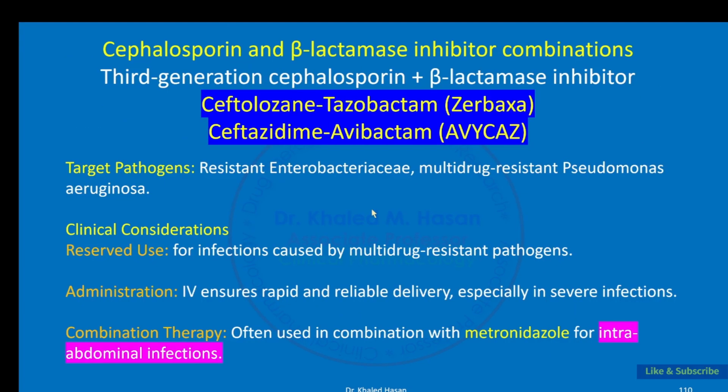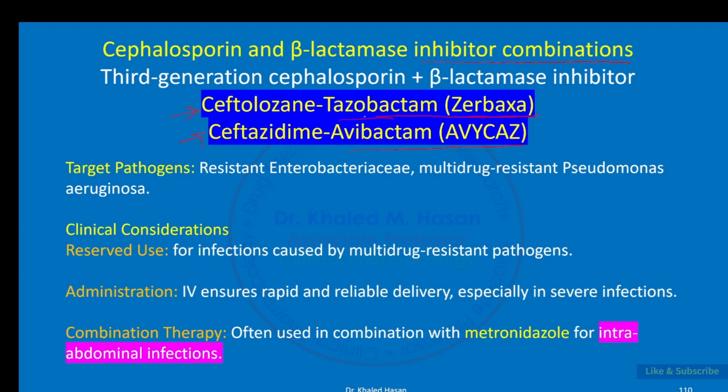What about cephalosporin? For cephalosporin, one slide only. You can see here the cephalosporin and beta-lactamase inhibitor combinations. We have Zerbaxa and we have Avycaz. Zerbaxa is ceftolozane and tazobactam, and Avycaz is ceftazidime and avibactam.